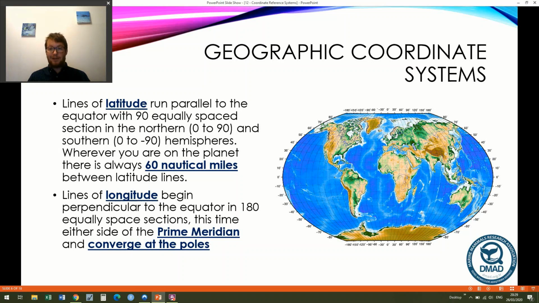You may have heard of Greenwich Mean Time, which is where 0 GMT begins, or we also call it 0 UTC now, Universal Time. That's the same line that the time zones are based on.